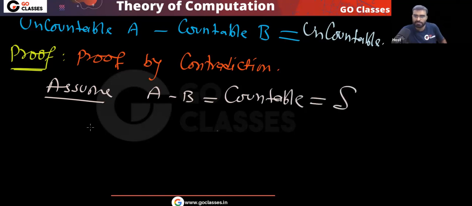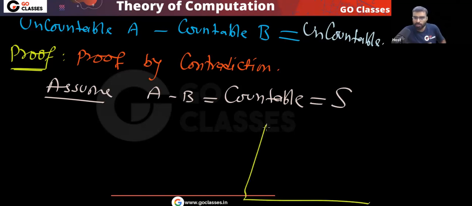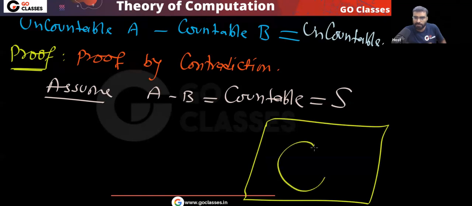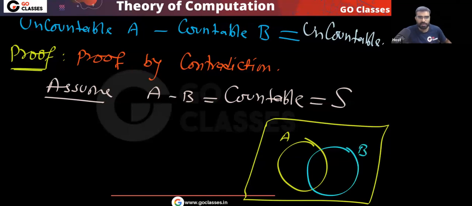Let's call it S. You can create a Venn diagram. This is A. This is B. So tell me, what is S? Which area is A minus B? This area is S, correct?